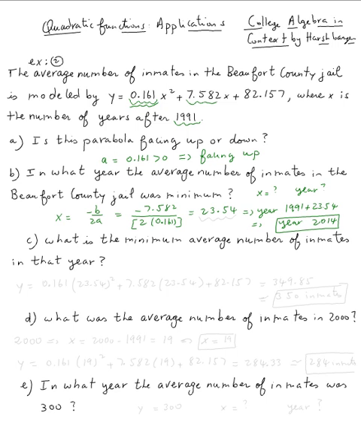Now for question C: what is the minimum average number of inmates in that year? They're asking us to find the y coordinate of the vertex. So all you do is take this x that we found, 23.54, and plug it in. y is equal to 0.161 times 23.54 squared plus 7.582 times 23.54 plus 82.157, and just use your calculator.